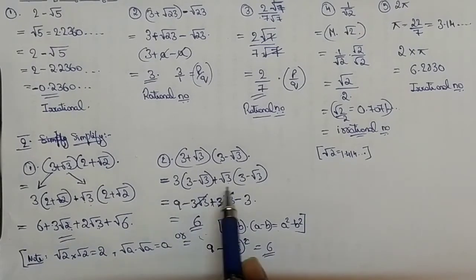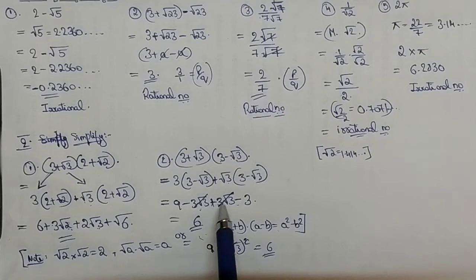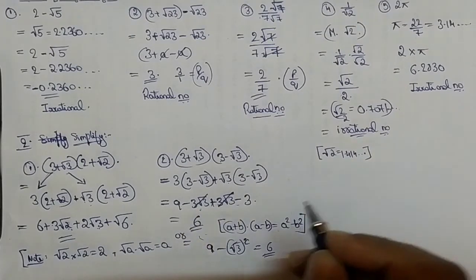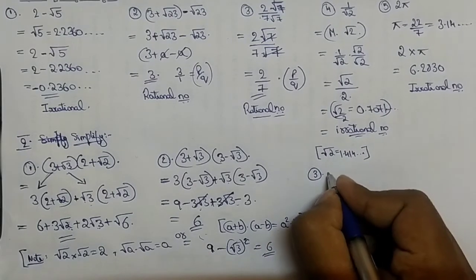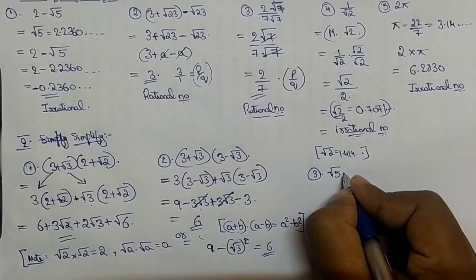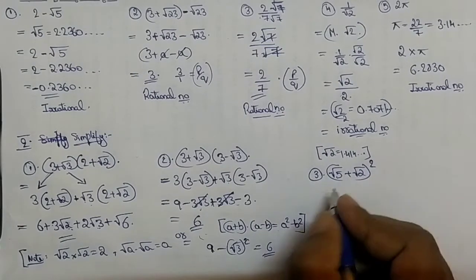You can do with the formula or you can do by multiplying. If you are multiplying, then you should take care of the signs and you should take care of the like terms, because like terms we can cancel each other. If there is a 2 here and there is a 3 here, we cannot cancel, that's going to be different. Then moving forward, third question, root 5 plus root 2 whole square.